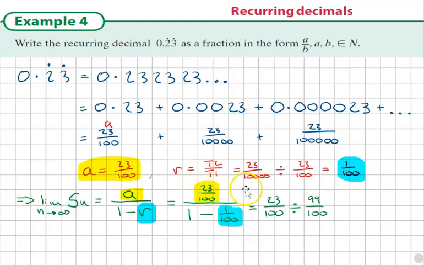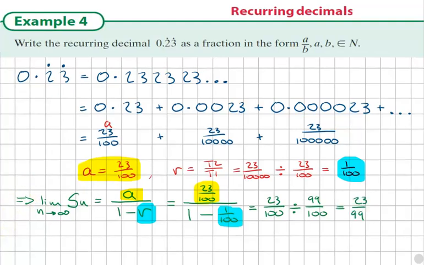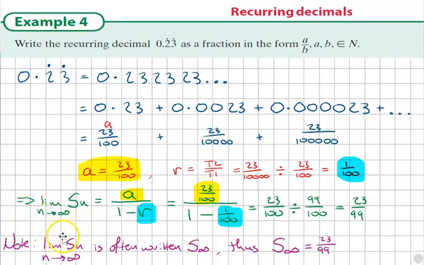And we end up getting 23 over 100 divided by 99 over 100, so 1 minus 1 over 100 is 99 over 100, which gives us 23 over 99. Note that the limit of Sn as n approaches infinity is often written as S infinity. Thus, S infinity is equal to 23 over 99.